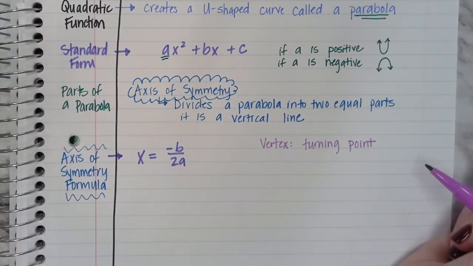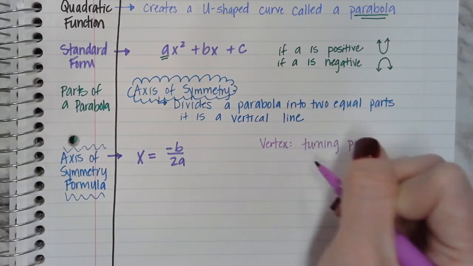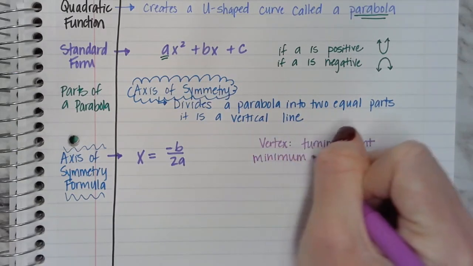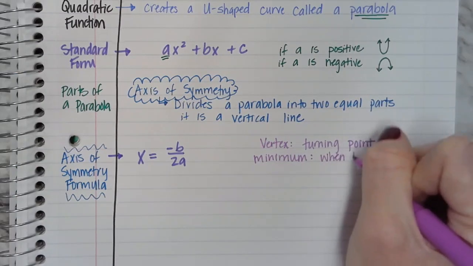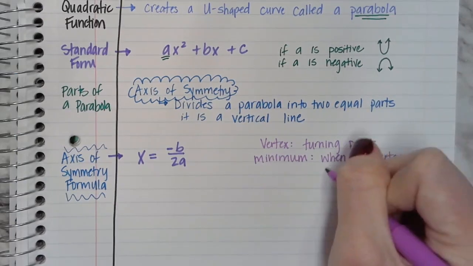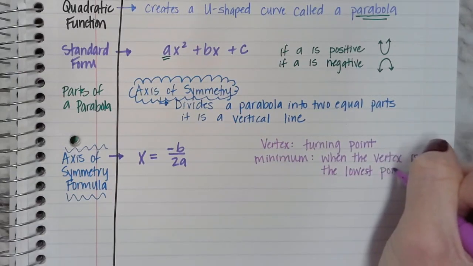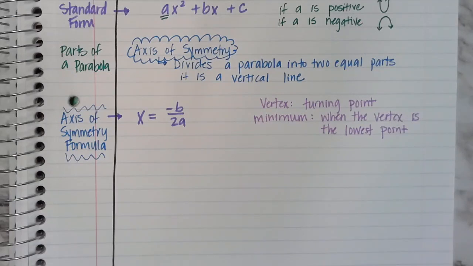When the vertex is the lowest point, it is called a minimum. When the vertex is your highest point, it's called a maximum.